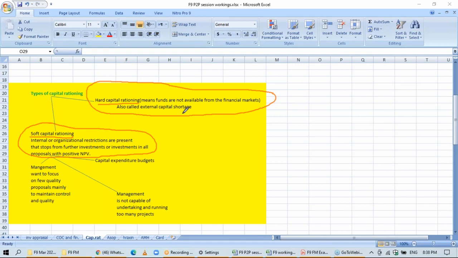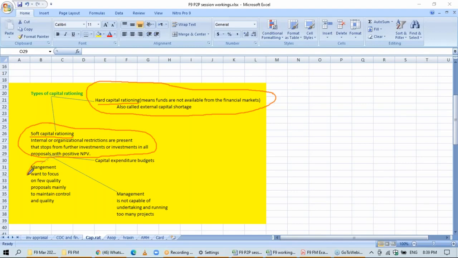Or the stock market may be depressed, conditions may not be good in the stock market. These may be some reasons behind hard rationing, that people are not investing in the company. And the second reason is soft rationing. Soft rationing means here the management internally do not want to raise further funds.